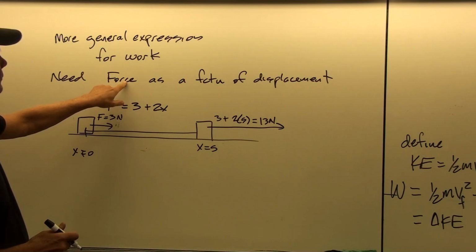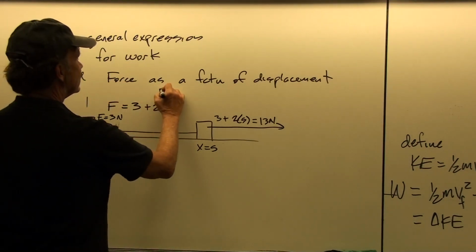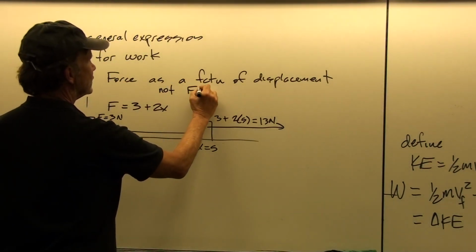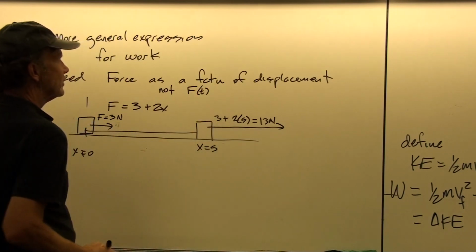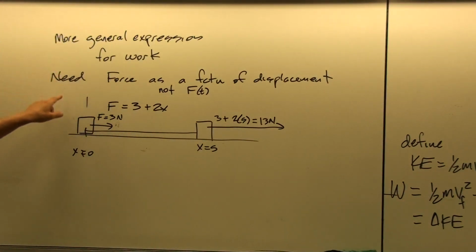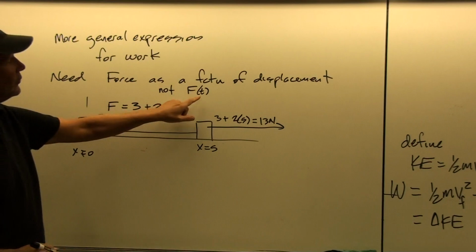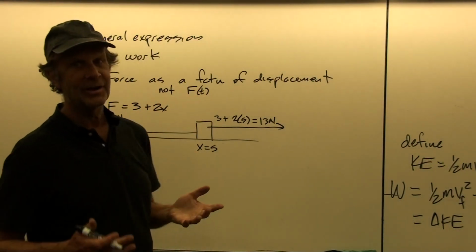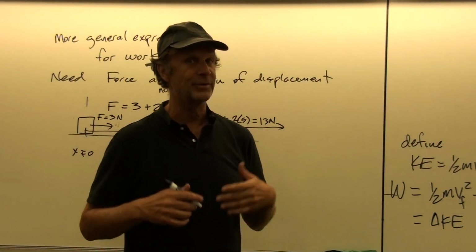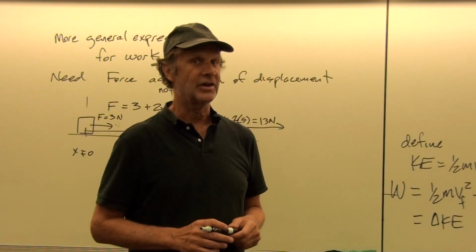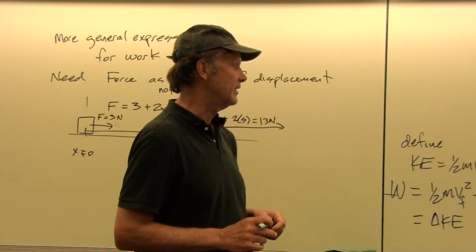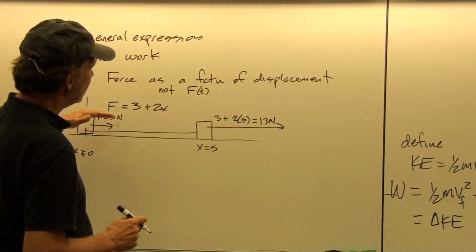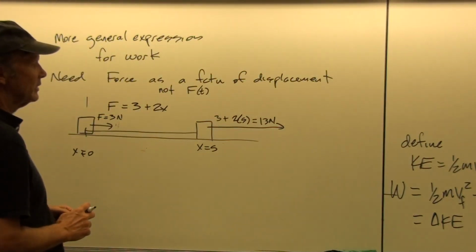So if we have this as a function of displacement and not a function of time, then we use the work energy expression. If the force is a function of time, then it turns out we're going to use the impulse momentum expression, which is in a future chapter. And we'll get to that later. But here we're just dealing with variable forces that are a function of displacement.